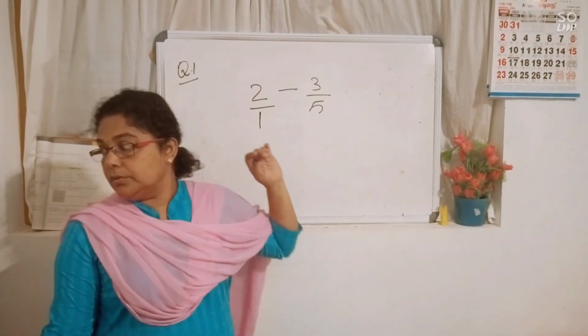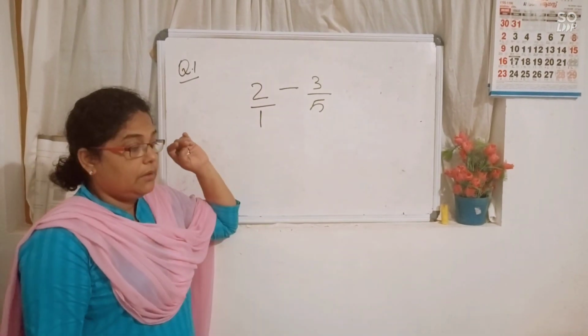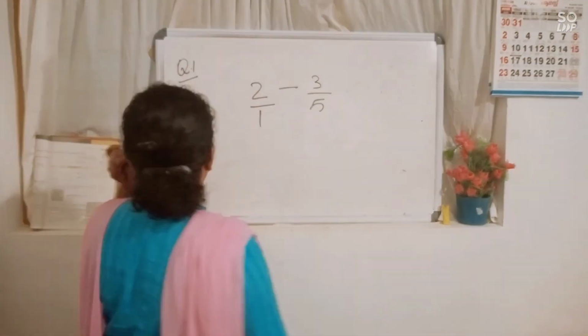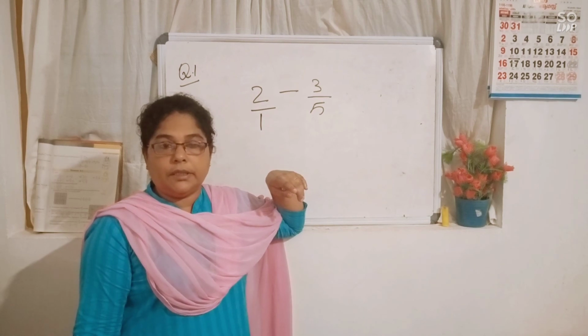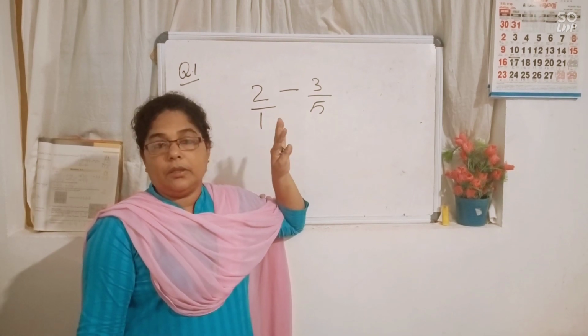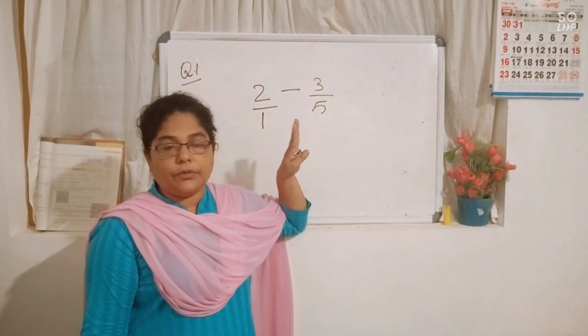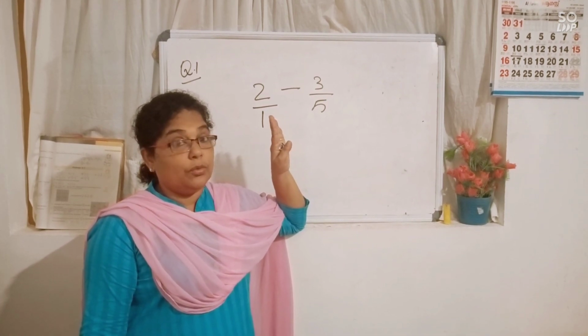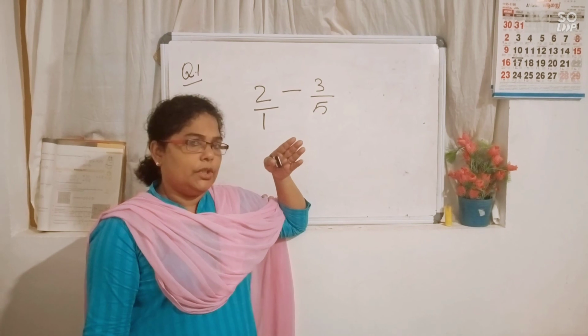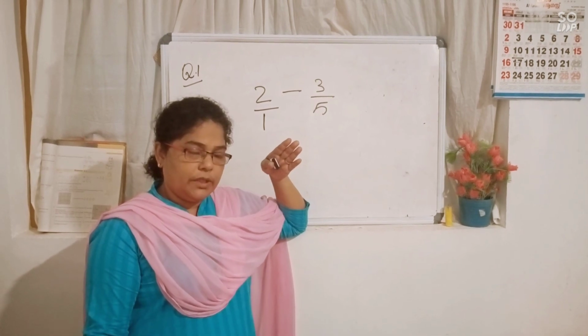Now you have to try exercise 2.1. Which one? That is addition and subtraction, arranging in ascending and descending order. Everywhere the denominator is different, you have to find the LCM. And if the numerator is the same, no need to find the LCM. I explained already.